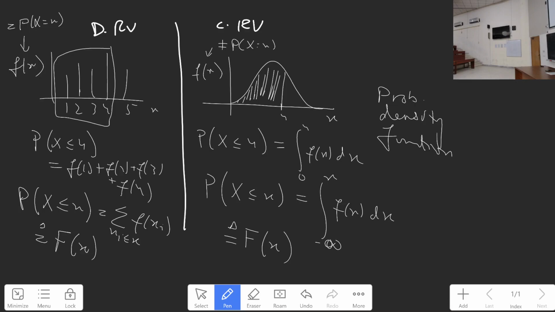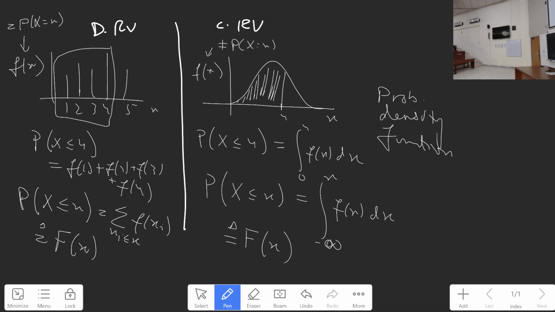Now, if you understand this difference between the probability mass function and this one we call probability density function, that's the only difference. After that they become the same. The cumulative formula will also remain the same. Whatever cumulative formula was, it's still the same with summation replaced by integral.